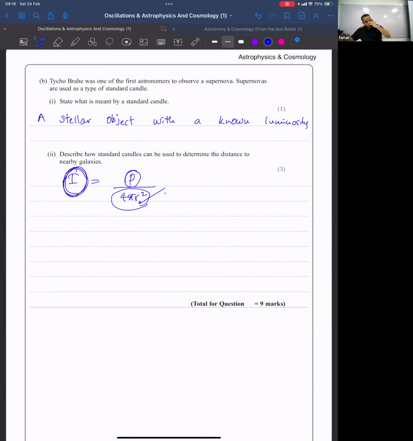So for a 3-marker, they ask you to explain it. Describe how standard candles can be used to determine the distance to nearby galaxies, right? Since the luminosity is known, the intensity of the radiation from the standard candle should be measured.